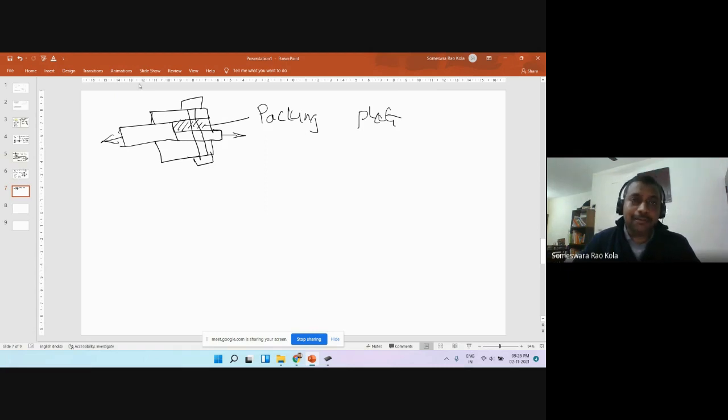So when you have such packing plates, if t pkg is greater than 6 mm, in such scenarios we'll have to introduce this correction factor. This correction factor, beta pkg, is equal to 1 minus 0.0125 t pkg.